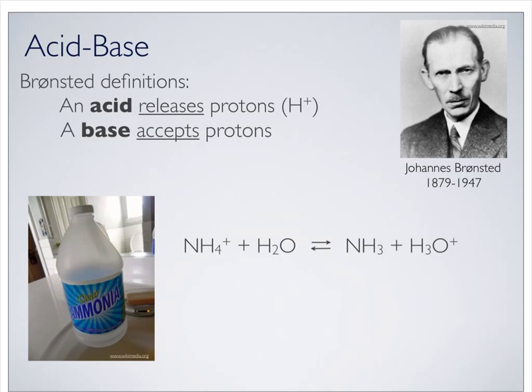So one everyday example of an acid-base system that many of us are familiar with are ammonia-based cleaners. In ammonia solutions, ammonia is going to be present as the ammonium ion, NH4+. And using the Bronsted concept, we can characterize ammonium as an acid that's going to react with water, which is our base.